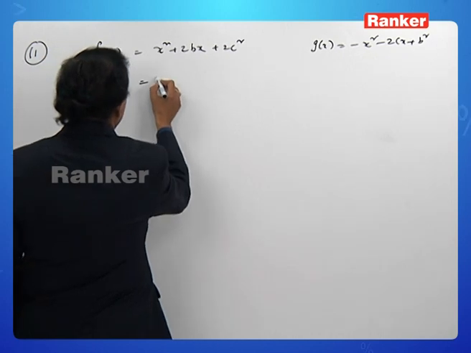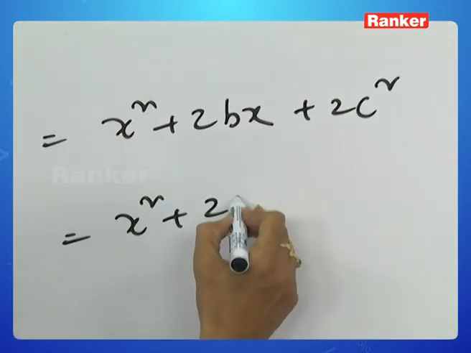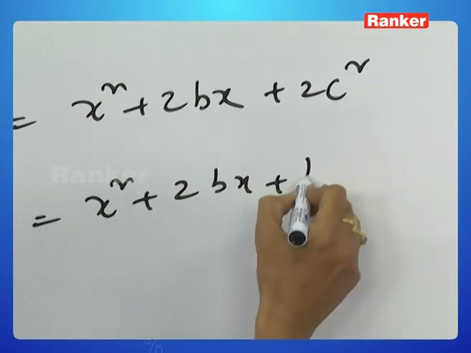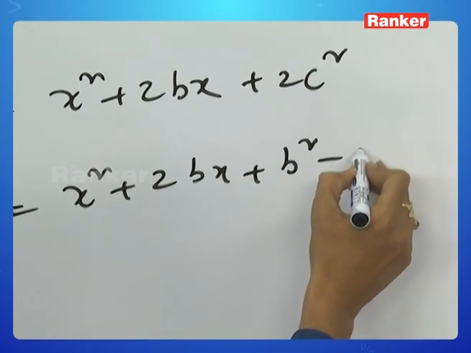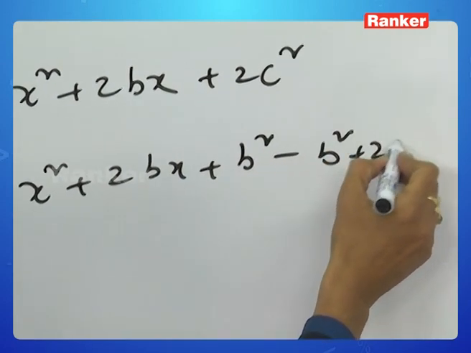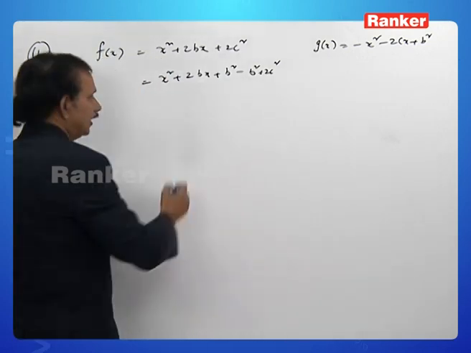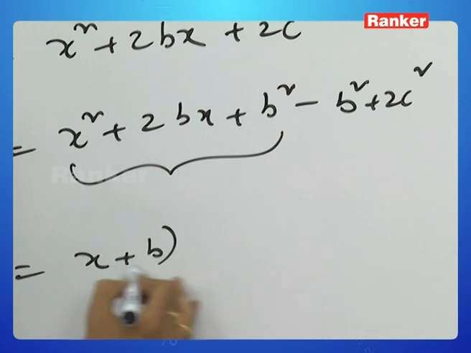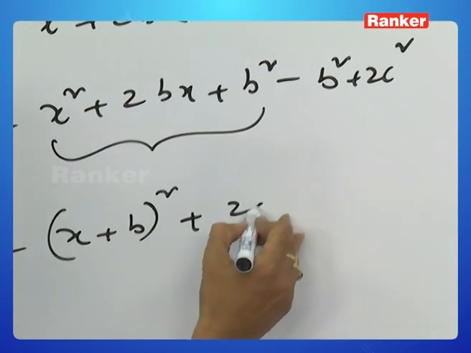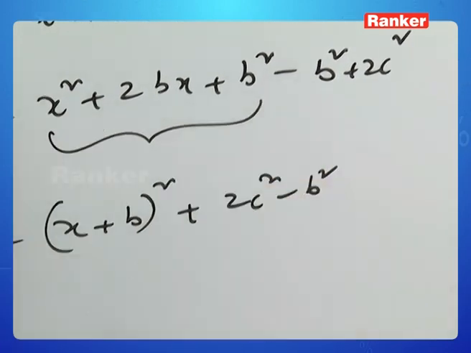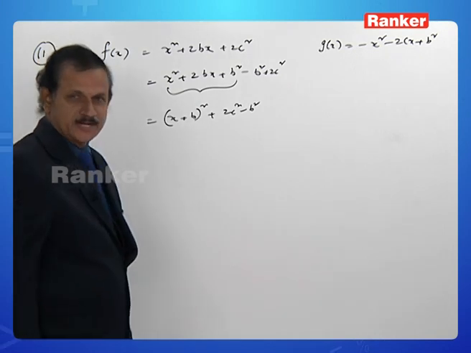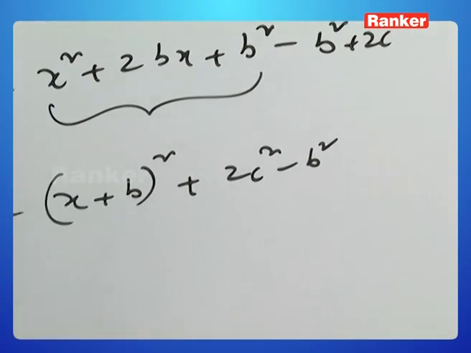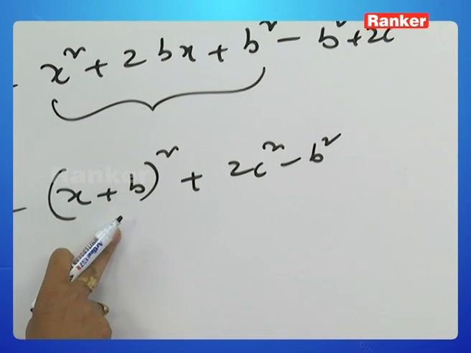This is equal to x square plus 2bx plus b square minus b square plus 2c square. This is x plus b whole square plus 2c square minus b square, isn't it? This is a perfect square, so this is greater than or equal to 0.